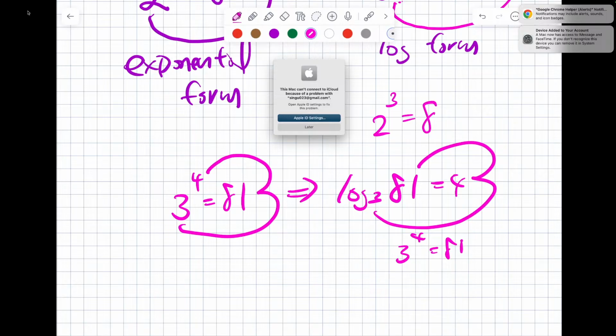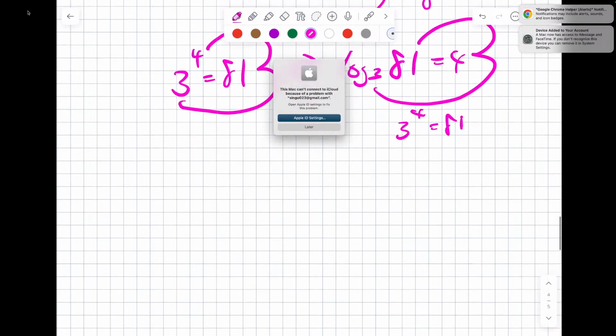Now here's my question. Log base 4 of x is equal to 8. What is x? Well, sorry, let's do 3. Log base 4 of x is equal to 3. What is x?